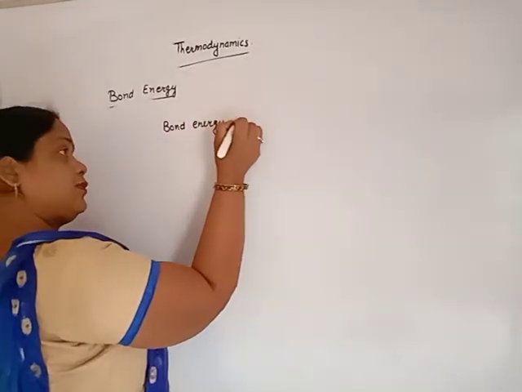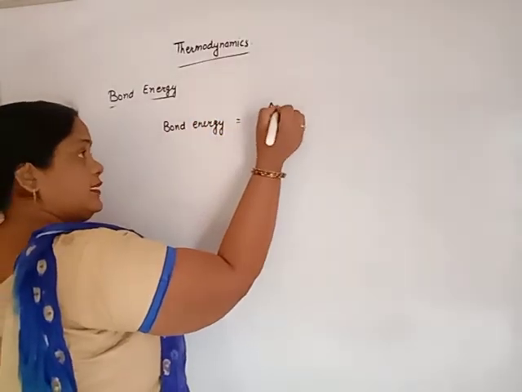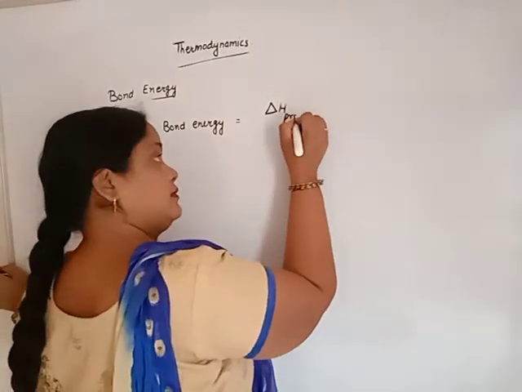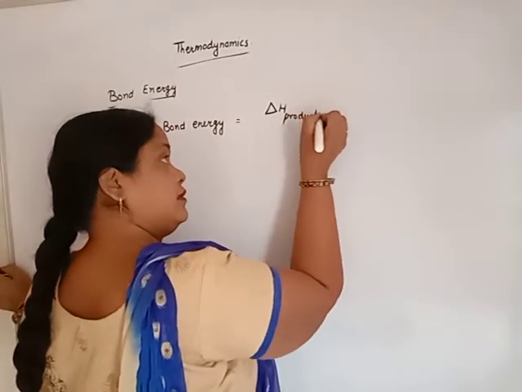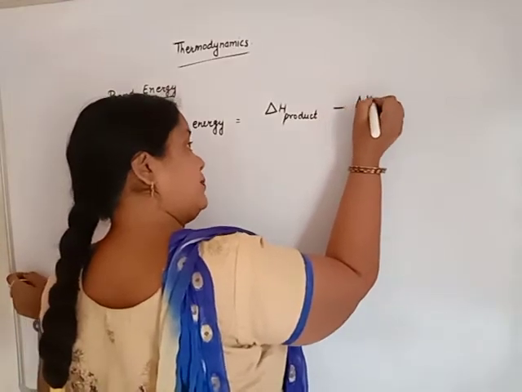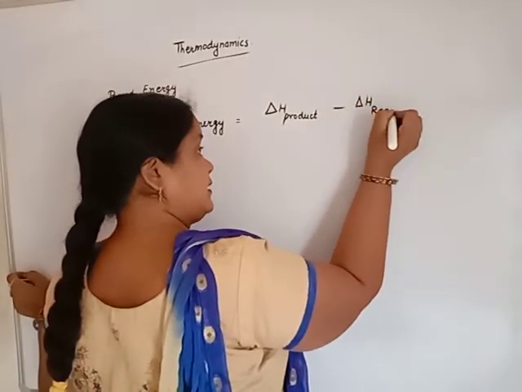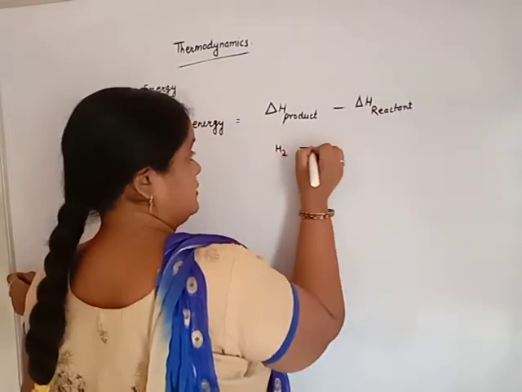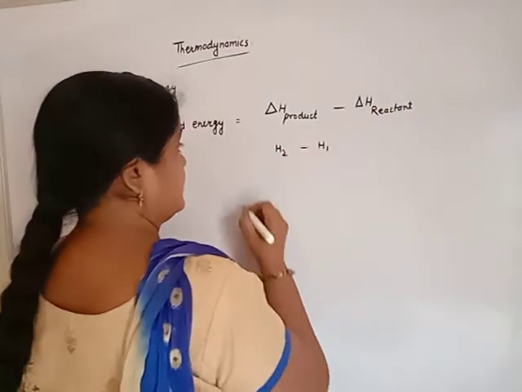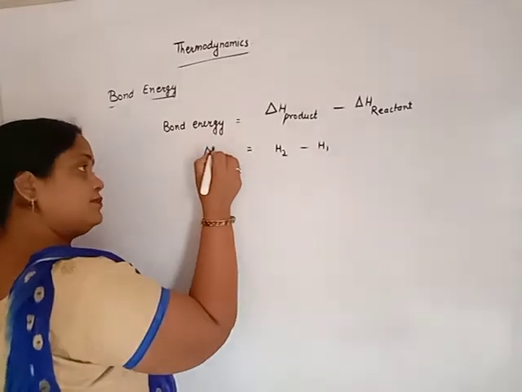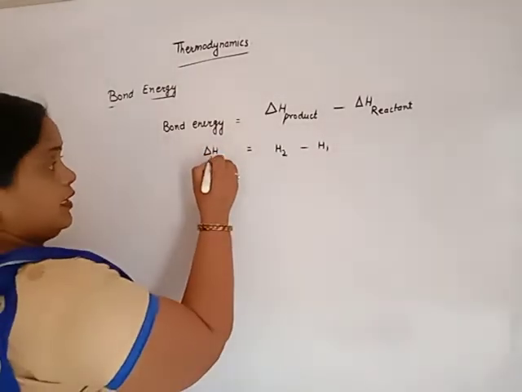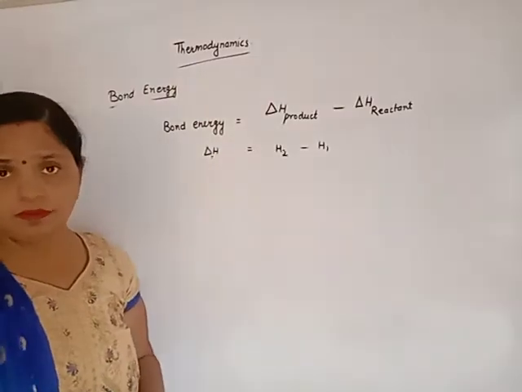Bond energy is calculated by the change in enthalpy: total enthalpy of product minus total enthalpy of reactant, or H2 minus H1. That is the bond energy during the reaction. It may be represented by R or not, that's up to you.